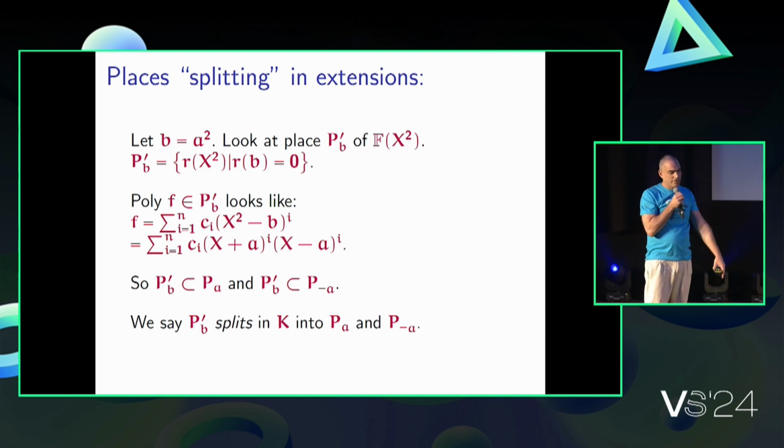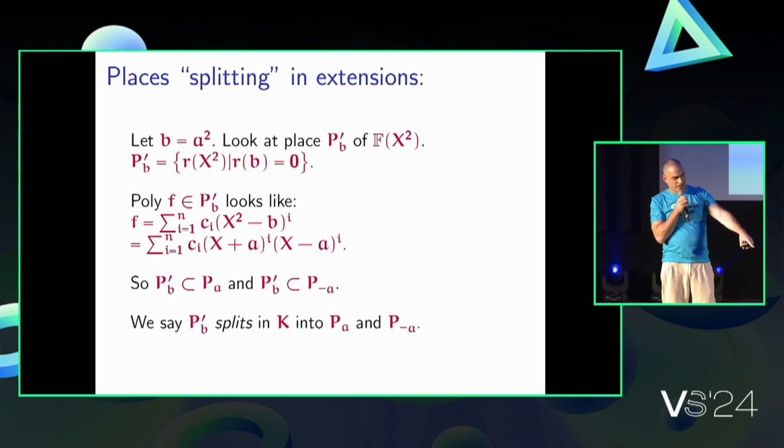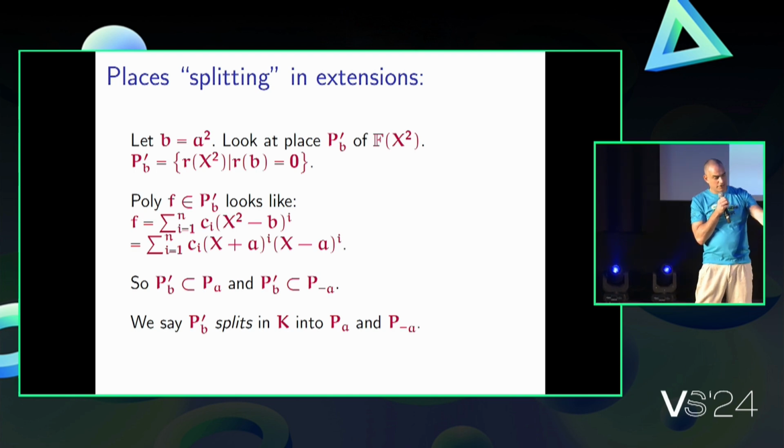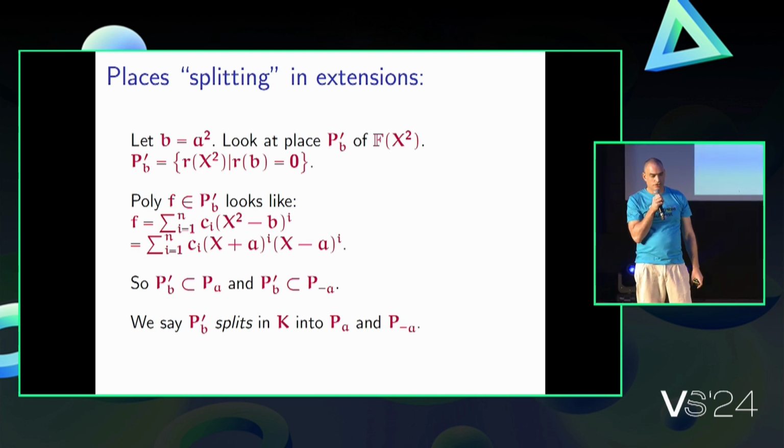So that implies that it's 0 both on a and minus a, because it's a combination of those. If you're a combination of things that look like x plus a times x minus a, then you have to be 0 both on a and minus a.